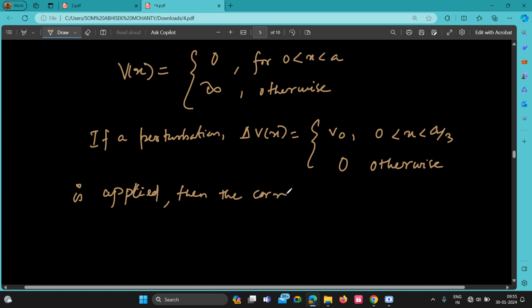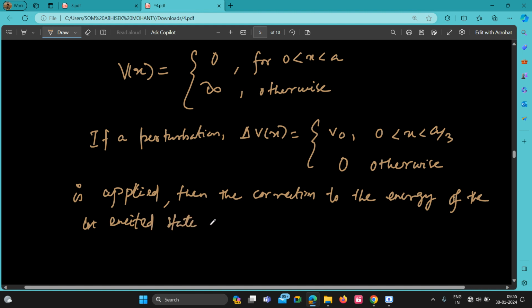of the first excited state to first order in delta V is nearest to dash.